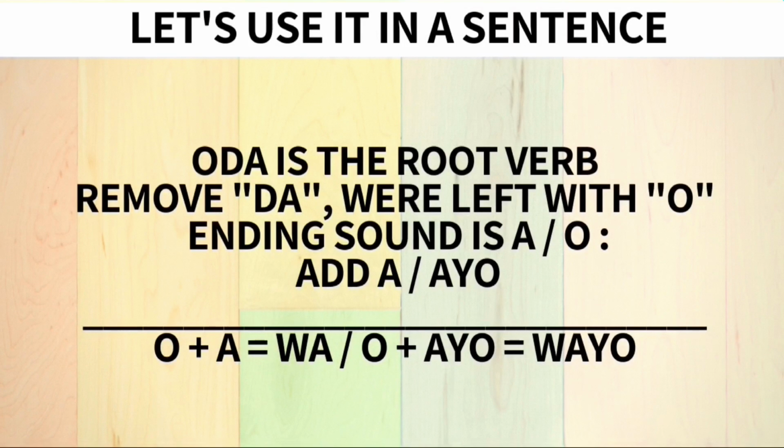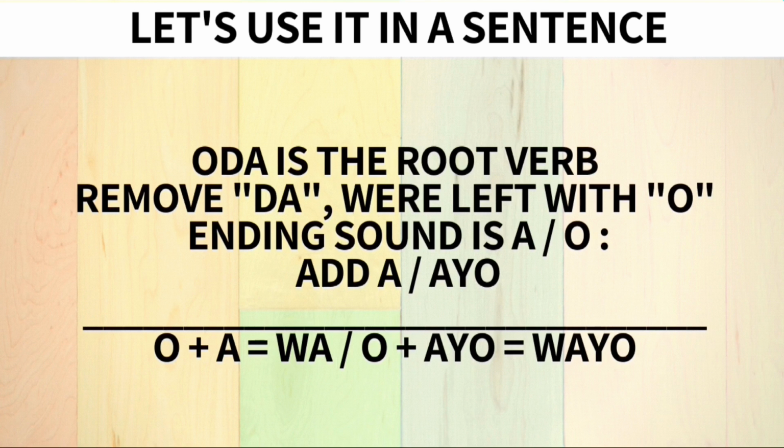So how is ODA transformed to wa? ODA is the root verb, and the first step is to remove da, so that we're left with O. If you remember our previous lessons, we have discussed rules to be followed in order to decide about the suffix that will be added to the remaining root verb.